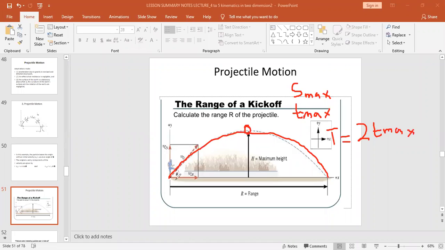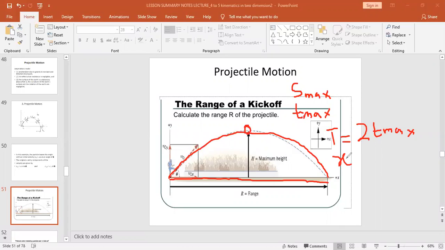Finally, we'll also be interested in how far the object can go, which will be the range. In technical terms, that will be the distance in the x direction.